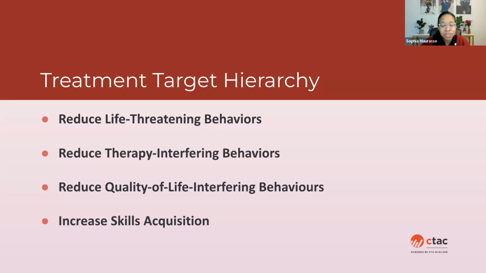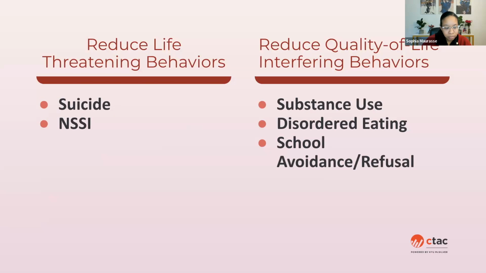Lastly, we want to increase our ability to acquire these skills, especially out in the community. So we want to reduce these life-threatening behaviors that include the suicide and non-suicidal self-injury, while also reducing those quality of life interfering behaviors.